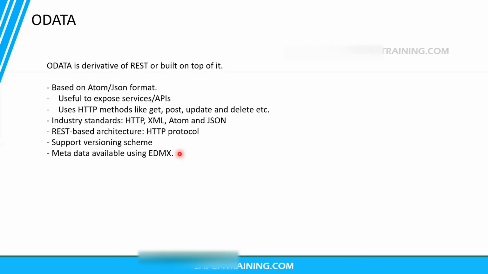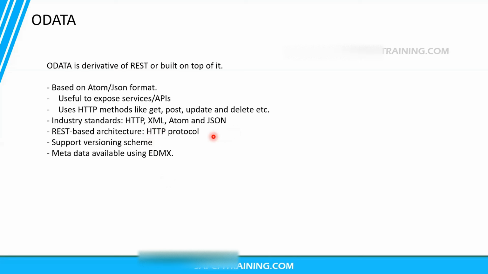Those are all the information we will be having in EDMX. Okay, so you don't have to worry much about all these terms, WSDL, EDMX. For now you just have to concentrate on XML, JSON, these two things, and HTTP. Okay, so you just concentrate on these protocols and get some idea. That will help us in building the iFlows integration.